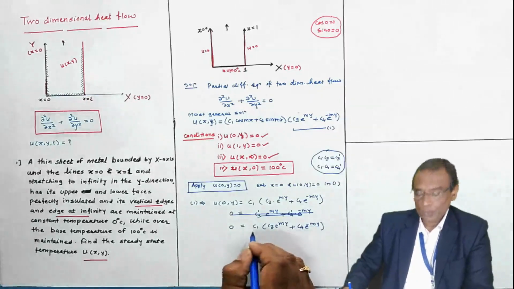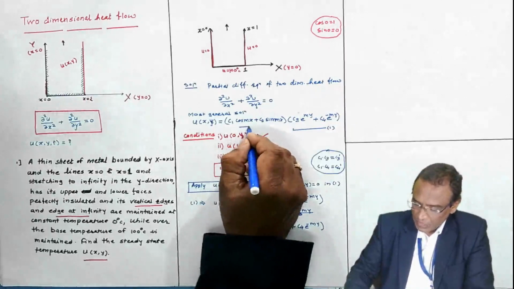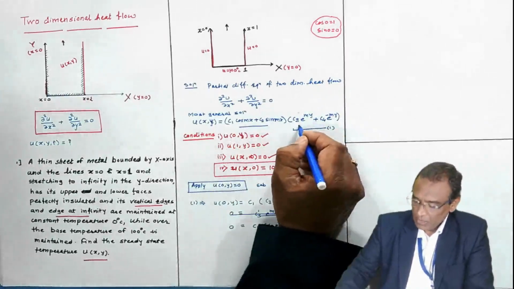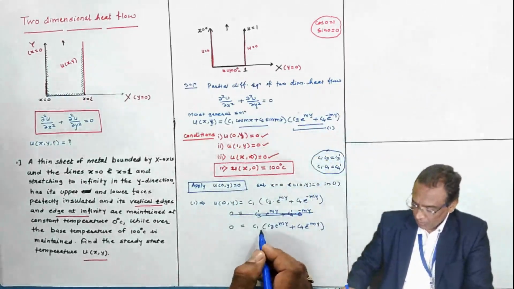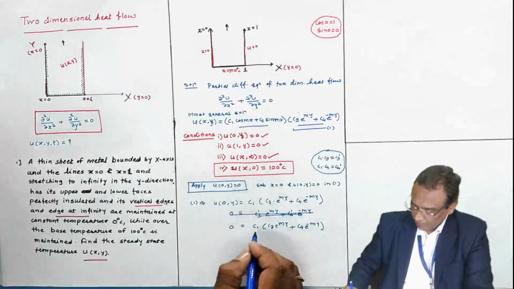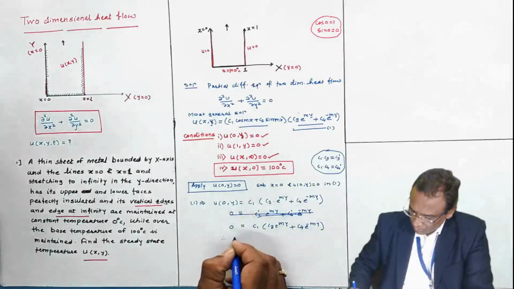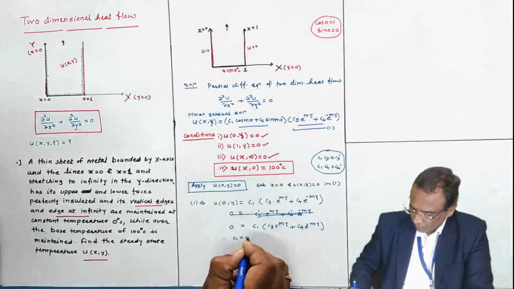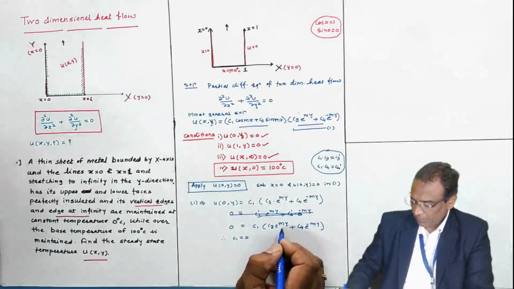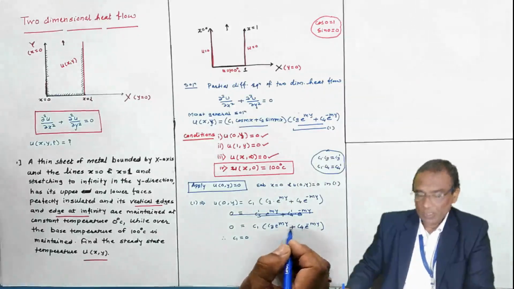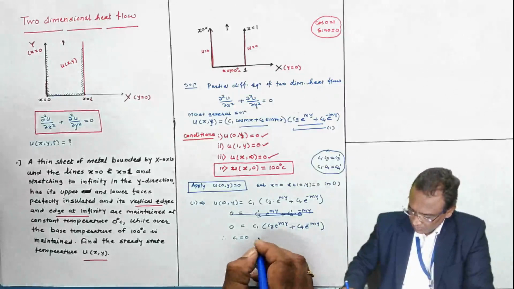The product of these two is 0. Okay, this factor is x factor. This factor is y factor. Now, this x and y are independent here. Therefore, C1 equal to 0. Product of these two is 0, and these are the exponential terms, it's never negative. So C1 is equal to 0.